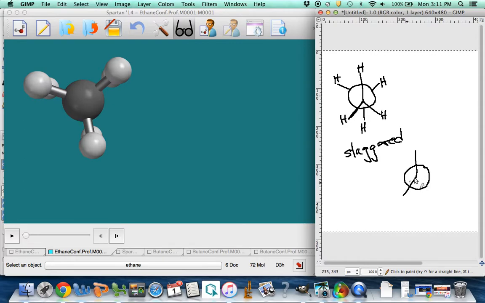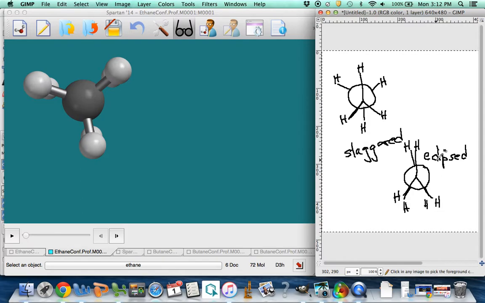In this case, we're going to put the bonds very close to each other on the Newman projection. And again, since this is ethane, at the end of each of these bonds is a hydrogen, and we get a much sort of uglier Newman projection, and we can think of this as an eclipsed conformation.